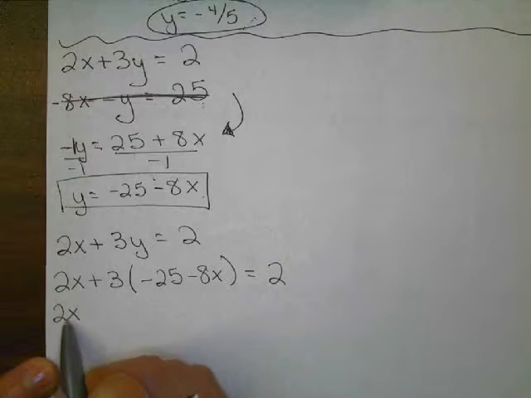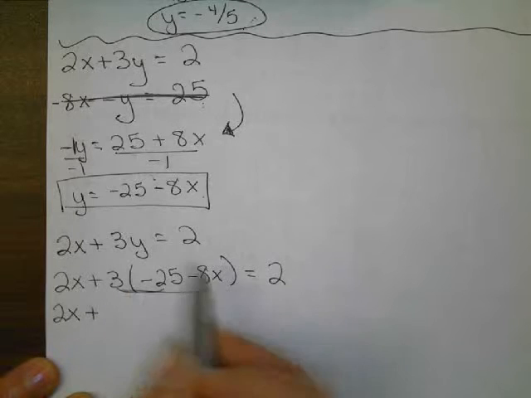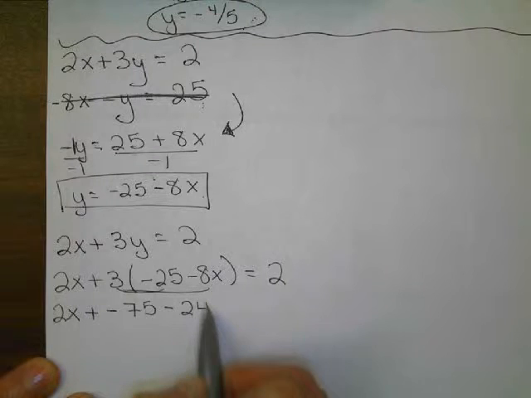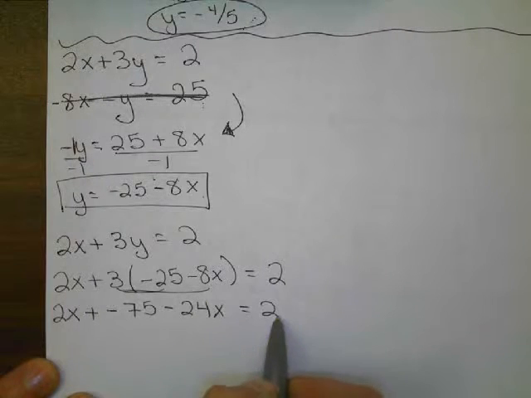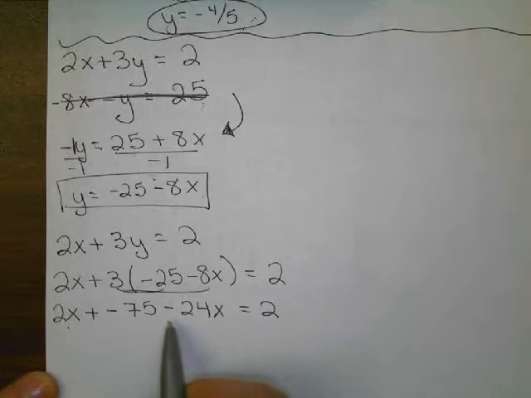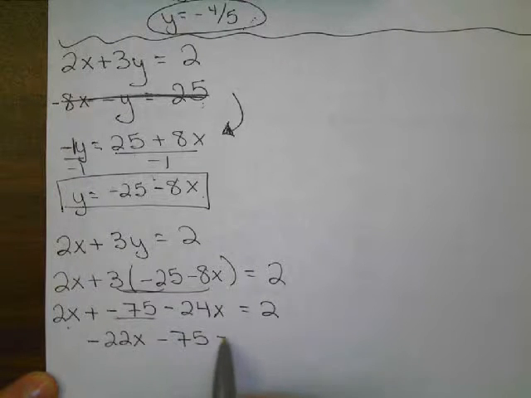Now I just do what I learned in Math 1, distribute here. That's going to be negative 75 minus 24x equals 2, and combine my like terms. I have 2x minus 24x, which makes negative 22x, minus the 75 here, equals 2.